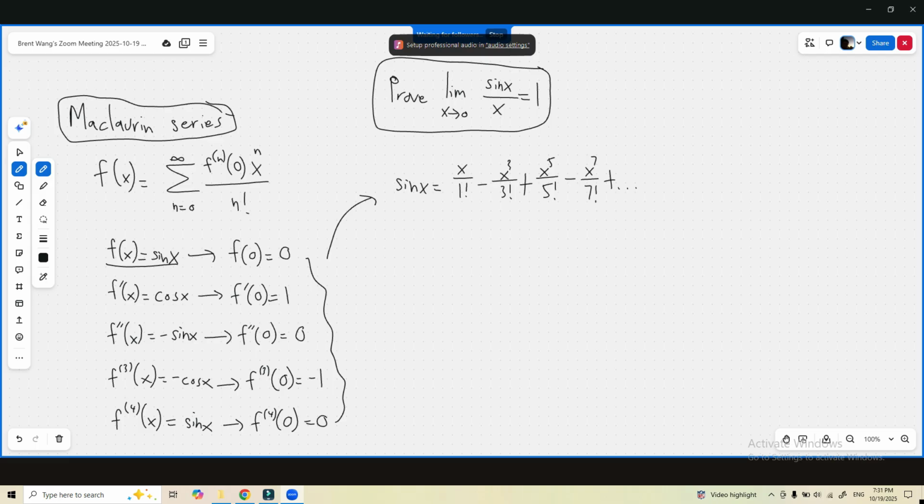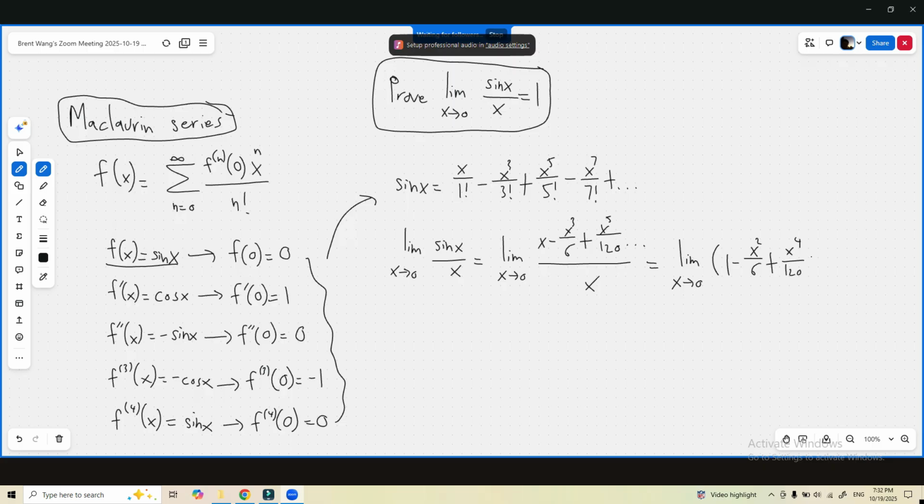So, therefore, what we can say here is the limit as x goes to 0 of sine x over x equals the limit as x goes to 0 of x minus x cubed over 6 plus x to the 5 over 120, and so on and so forth, divided by x, which is then equal to the limit as x goes to 0 of 1 minus x squared over 6 plus x to the 4 over 120 plus some other higher degrees of x.